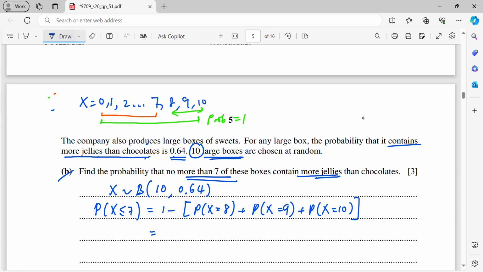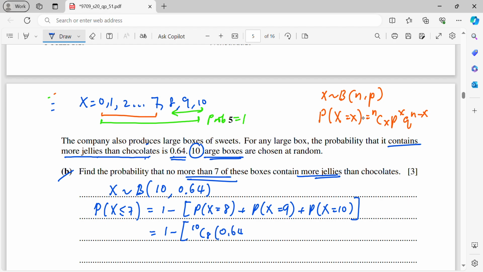Okay, so now use the formula of binomial. When X is binomially distributed with n and p, your probability is going to be nCx, p to the x, q to the n minus x. Then just substitute into this formula, I'll get 1 minus 10C8, 0.64 to the power 8. Now, what is the q? Your p is 0.64.